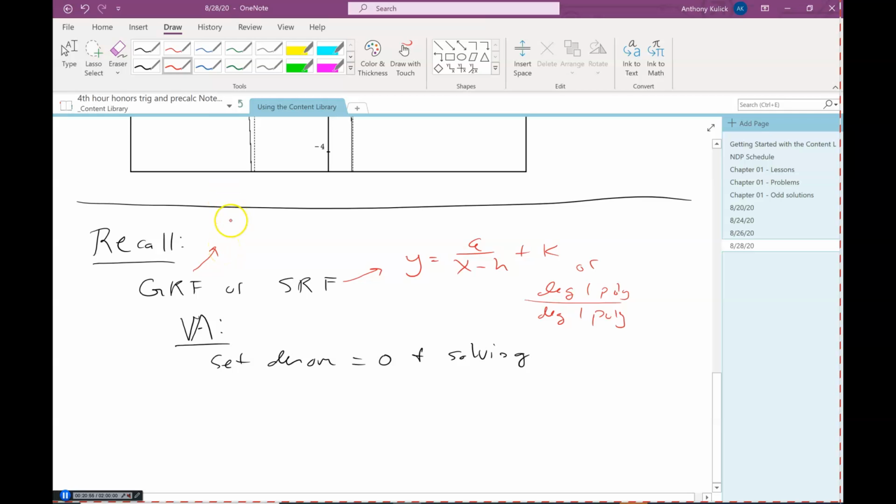A general rational function means that at least one of the numerator or denominator is a degree 2 or higher polynomial. So if you had a degree 1 over a degree 2 polynomial, that's a general rational function, as opposed to a simple one.